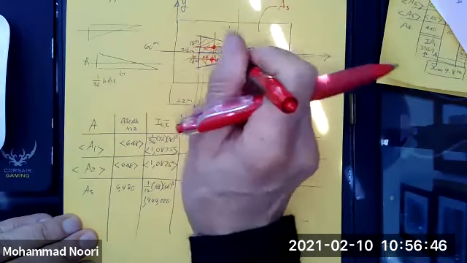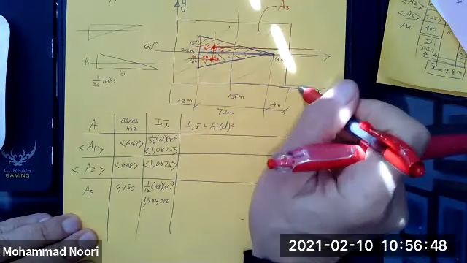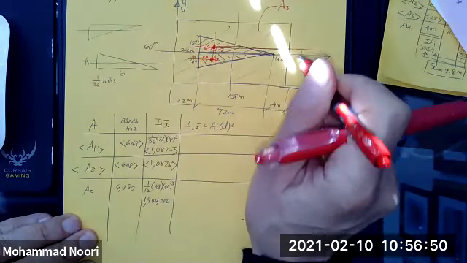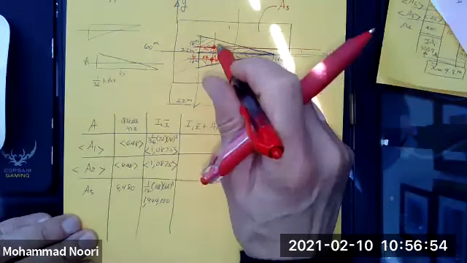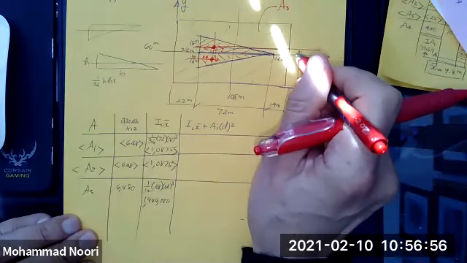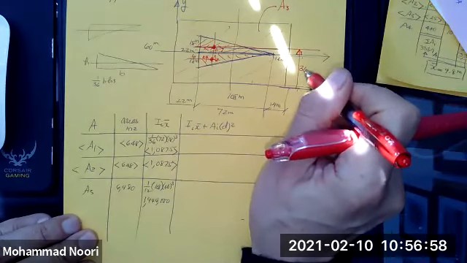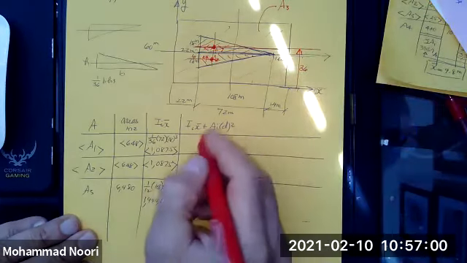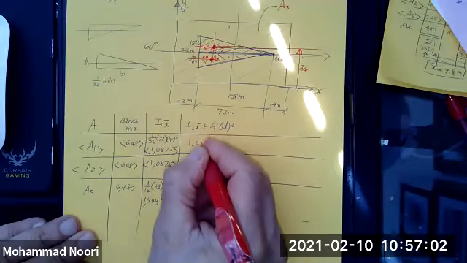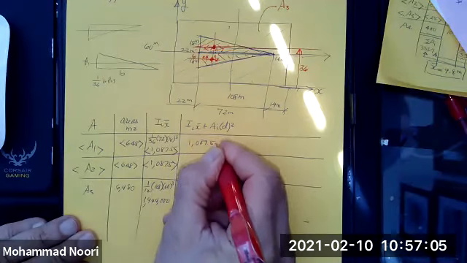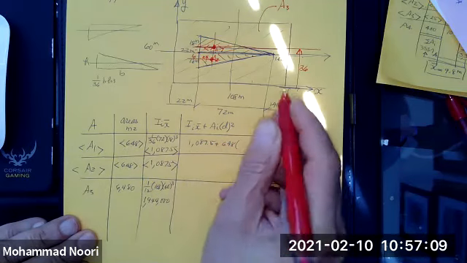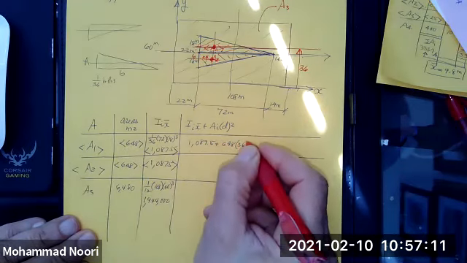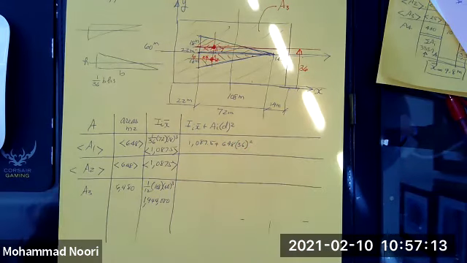This is D1, which is 30 plus 6, so this is 36. So all you do is write 1,087.5 plus the area, which you have, 648 times 36 squared.